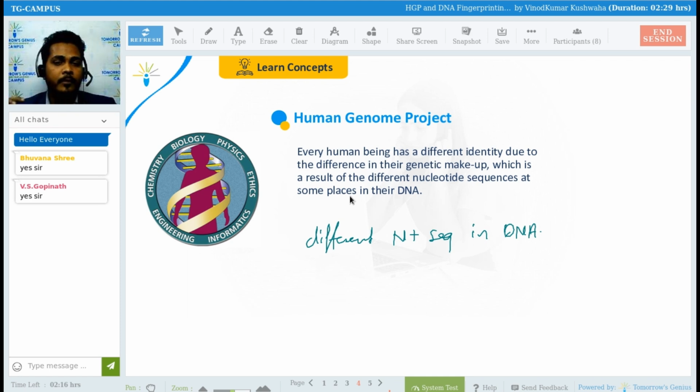So it was their dream, and later on, due to the advancement in genetic engineering techniques, all these ideas made it possible to isolate and clone the DNA piece and determine the nucleotide sequence of the fragment. Because it was in the year 1990.